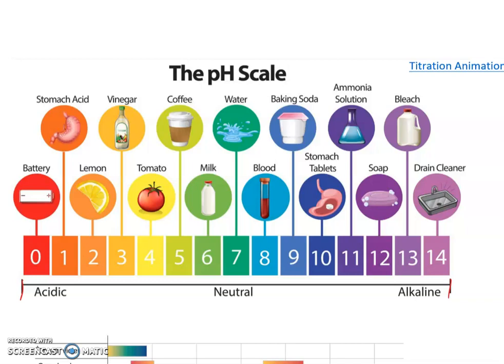Right at 7 would be your pure water, and then above 7 you have your basic, or alkaline, solutions. Blood is a little bit basic, then baking soda, and your stomach tablets that are trying to be antacids. They create basic solutions to try and neutralize acid in your stomach. Soap, bleach, and then drain cleaner is really high on that end.